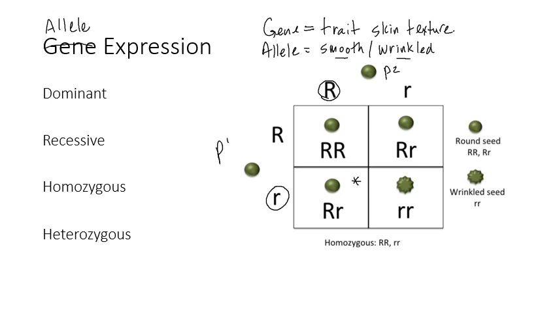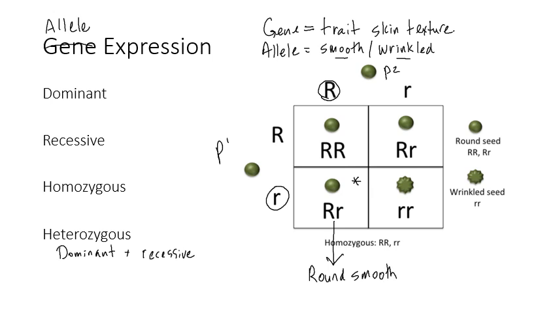Now this situation where we have a dominant and a recessive, so two different traits, dominant plus recessive, this is heterozygous. And in this particular situation, the dominant trait is going to cancel out the recessive trait, and what's going to be expressed is an offspring with a round, smooth surface.